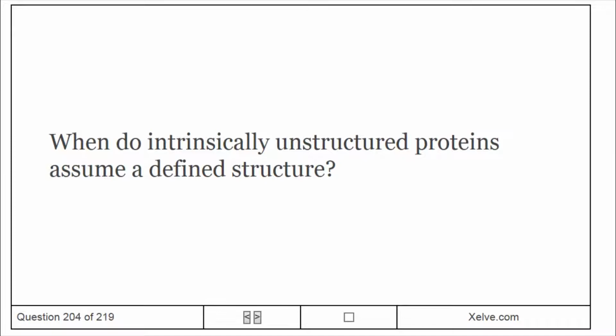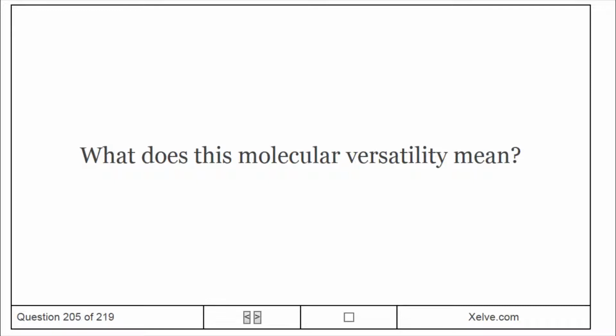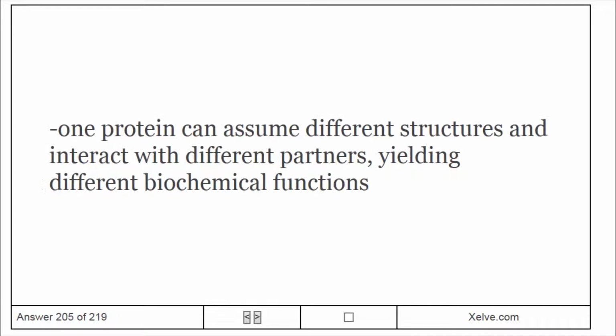When do intrinsically unstructured proteins assume a defined structure? Only upon interaction with other proteins. What does this molecular versatility mean?